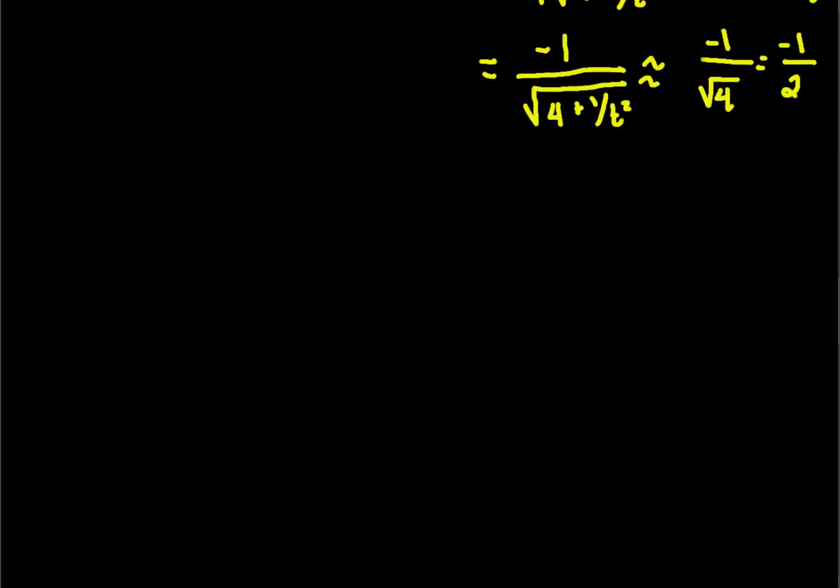So let's play around with rational numbers, playing around with radicals. How about some trig functions? Let's look at the limit as t goes to infinity of sine of 1 over t. So now we're inside of a sine function. We got 1 over t, but we're still letting t go to infinity.